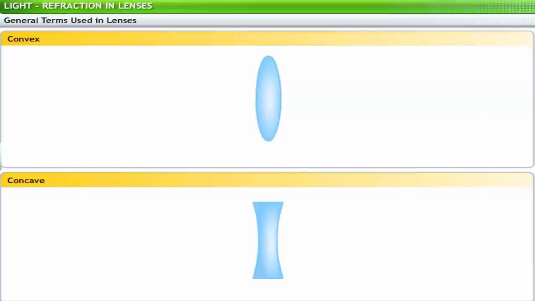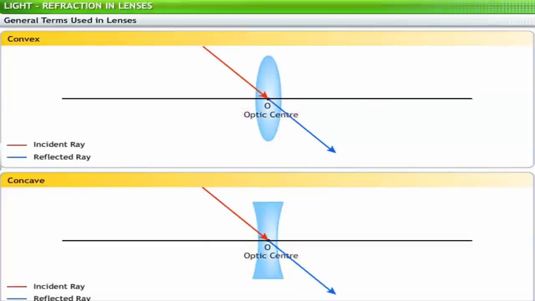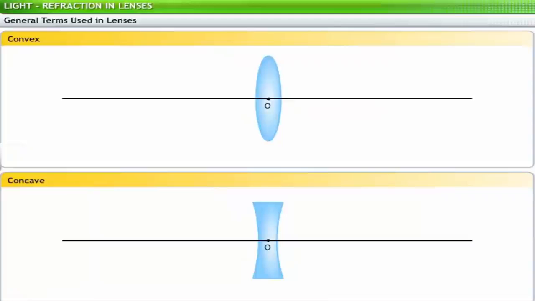In your study of lenses, both convex and concave, you will use some general terms to identify the location of images. Optic center is a point on the axis of a lens such that any light ray passing through this point emerges without refraction. It is also known as the pole of the lens. As shown in the figure, O is called the optic center of the lens. Principal focus.